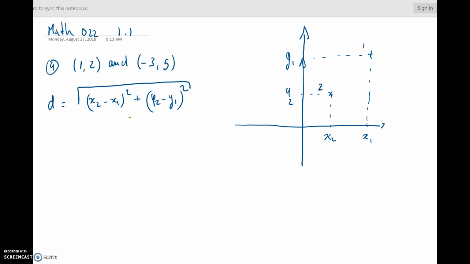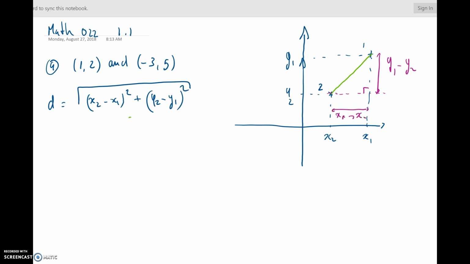The distance between these 2 points, if you look at it, you can see a right triangle right here, and this distance is in this case y1 minus y2, and this distance there is x1 minus x2.